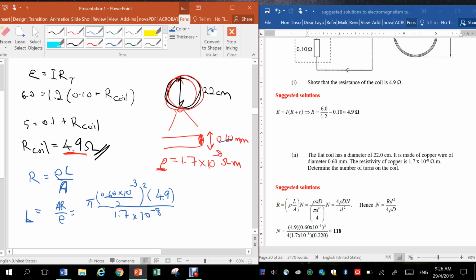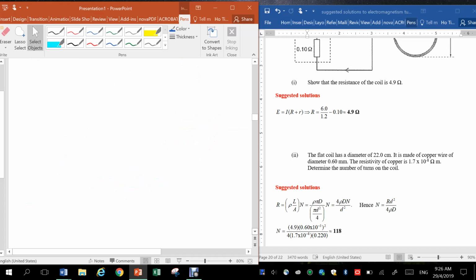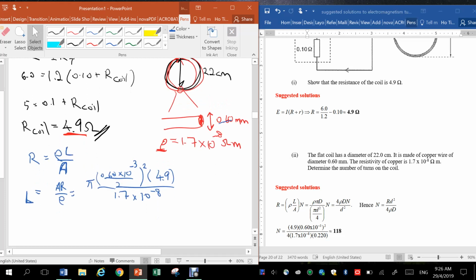How does that relate to the number of turns, as I mentioned? Let me just scroll this down to give myself more space. Oops, too much. So, L divided by 2 pi r, or rather pi D, 0.22 meters.